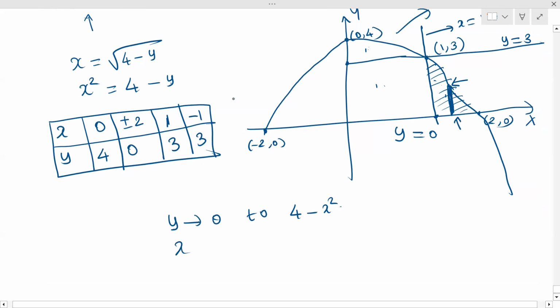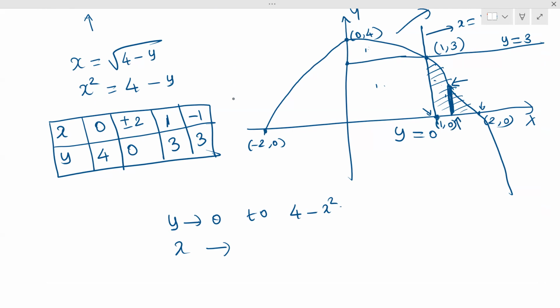Next, we have to find the x limit. So x limit means the outer integration limit. It should always be constant. In this region, we have to write the minimum and maximum value of x. See, it is starting from here to here. What is the value of x here? Here they have given (1, 3), so the value is (1, 0).